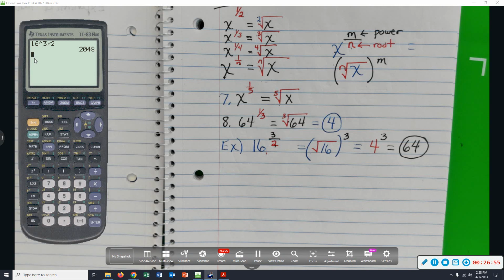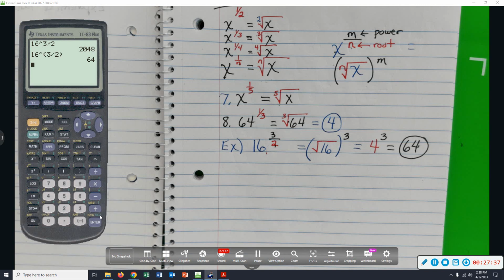Because do y'all remember my dear Aunt Sally, the order of operations, it would do the exponent before it did the division. How did it get 2048? Well, it went 16 times 16 times 16. That got it 4,096, if I'm doing that right in my head. Then it divided by 2. That's not what you want it to do. You want it to treat that 3/2 all as one, as part of the exponent. Okay? Now, if you put 16 raised to the 3/2 power in parentheses, then you get the right answer.